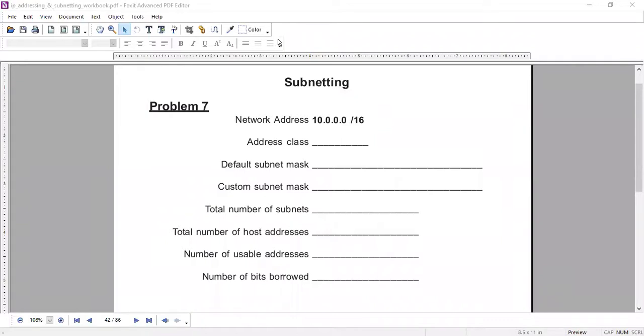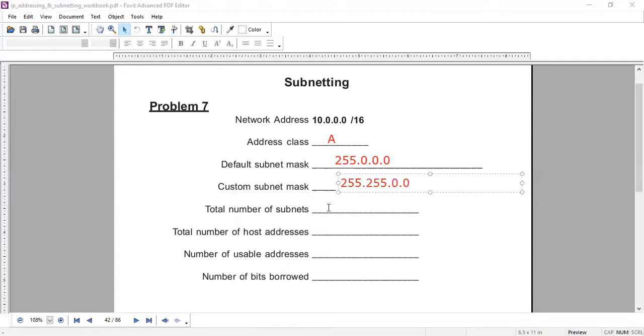Here, starting with 10, the address class is A, right? Default subnet mask is 255.0.0.0. For the custom subnet, you are taking another 8 bits from the host, so the custom mask is 255.255.0.0.